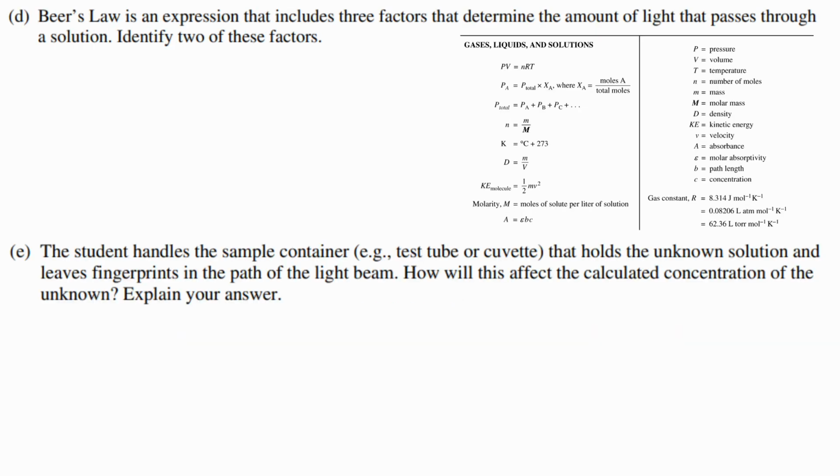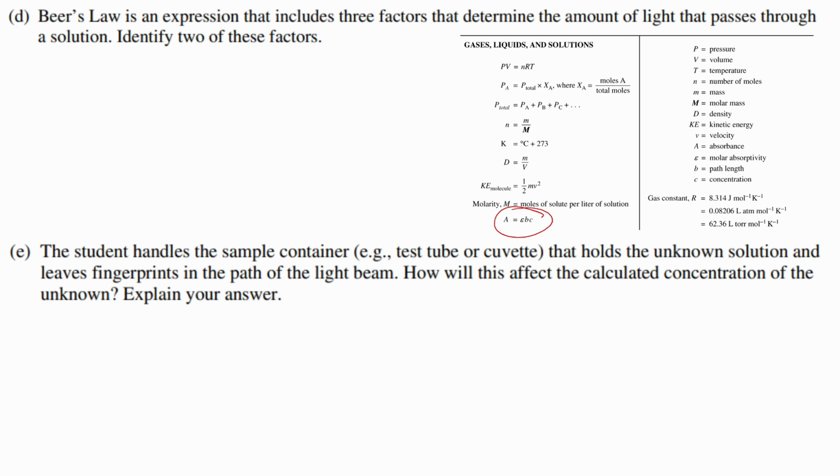D says Beer's law is an expression that includes three factors that determine the amount of light that passes through a solution. Identify two of these factors. So this was technically a give-you question from AP Chem. It asked you to identify two factors of Beer's law. Well, it gives you Beer's law on your formula sheet. So as long as you know that A equals EBC is Beer's law, then you are golden.